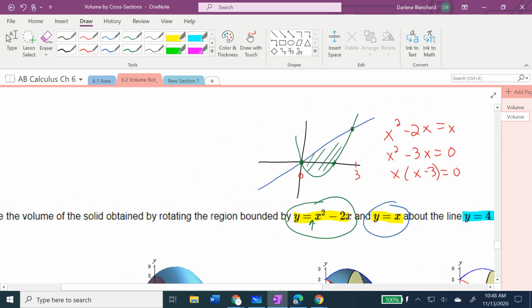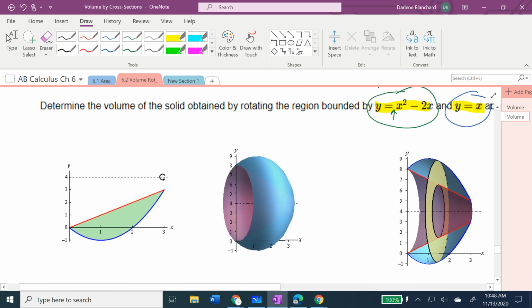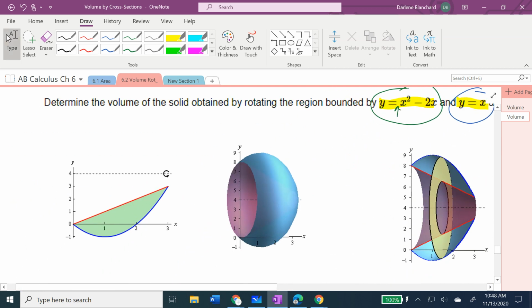Okay, so I'm now going to look at the computer drawn version. And again, rotating about y equals 4. So I'm going to draw my radii. My radii are attached to the axis of rotation.